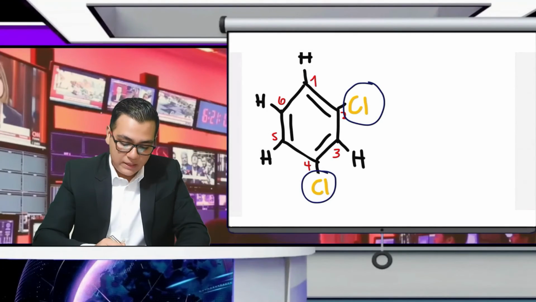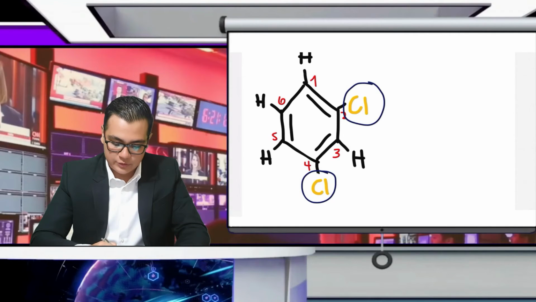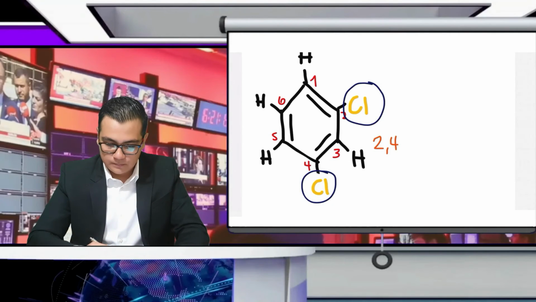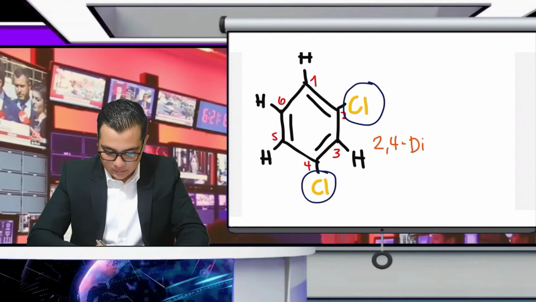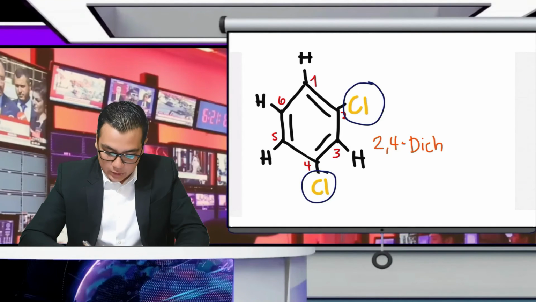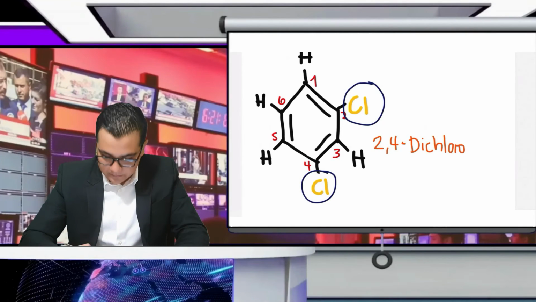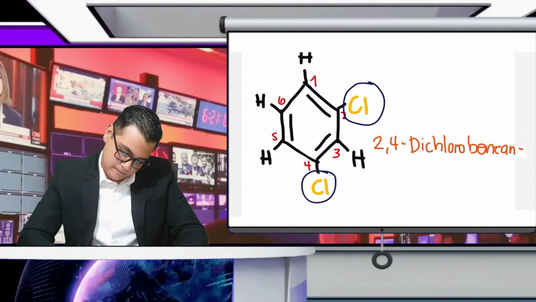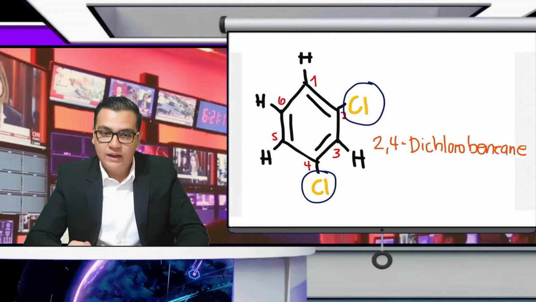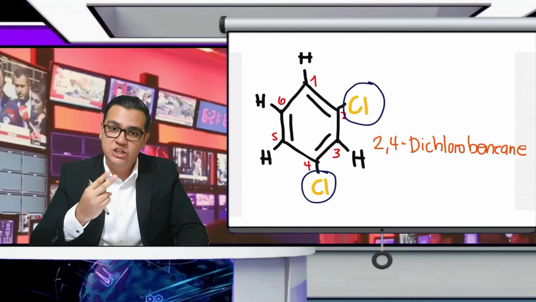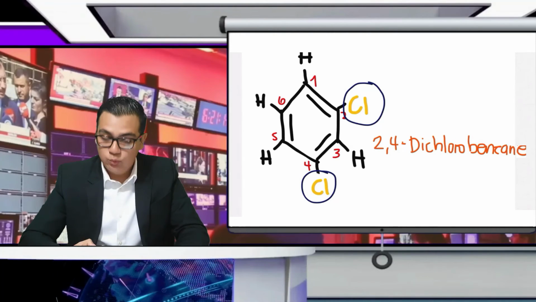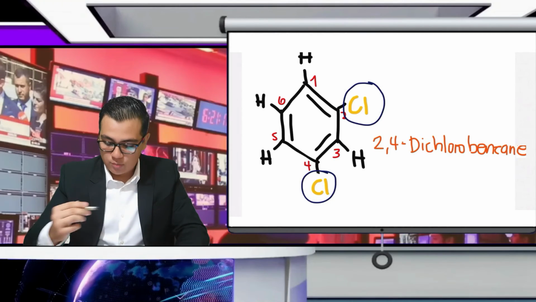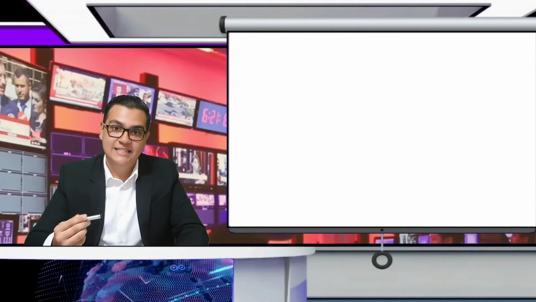And these will be named, as we saw in chemistry class, 2,4-dichlorobenzene. Why? Because we have the bonding on the second carbon and also on the fourth one. So it will be represented as 2,4-dichlorobenzene.